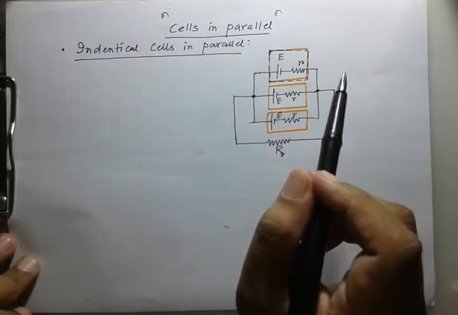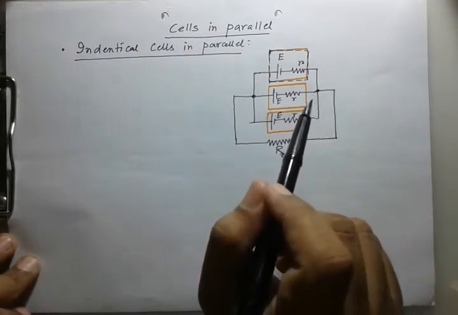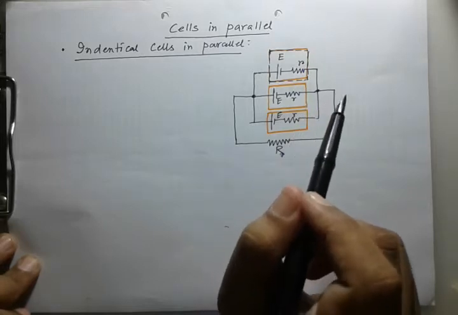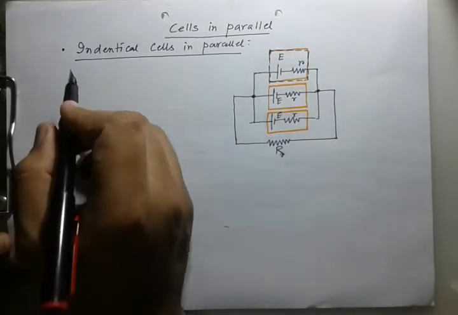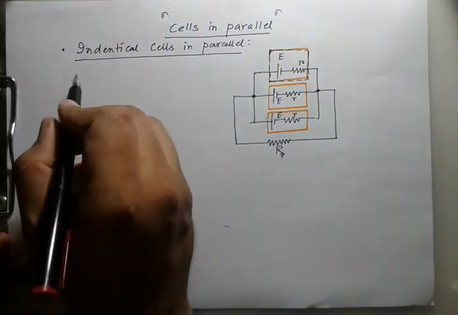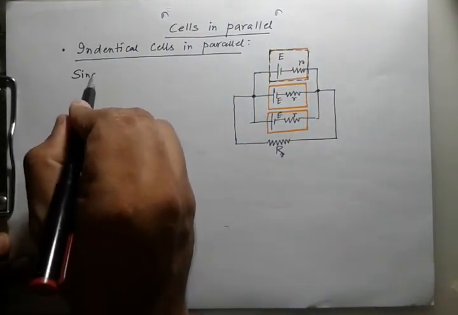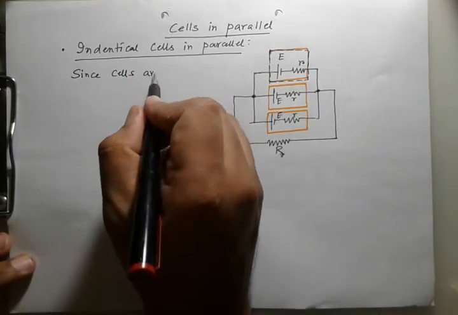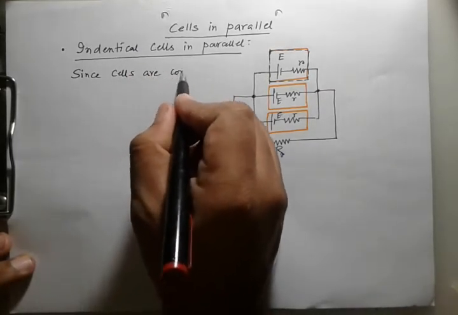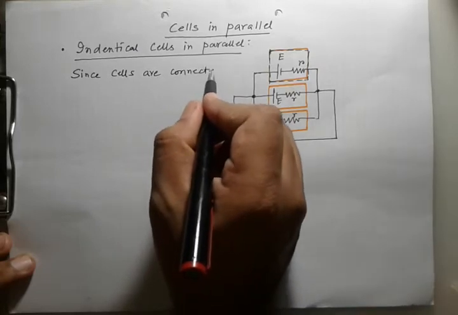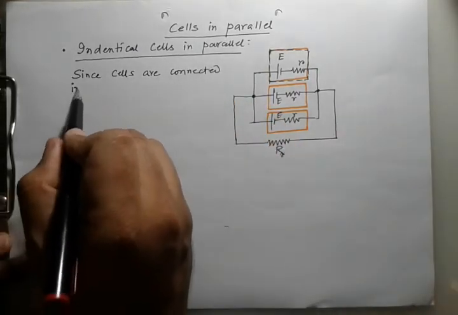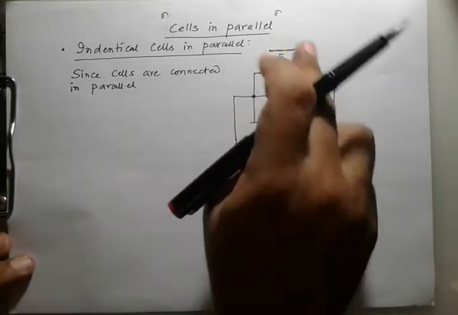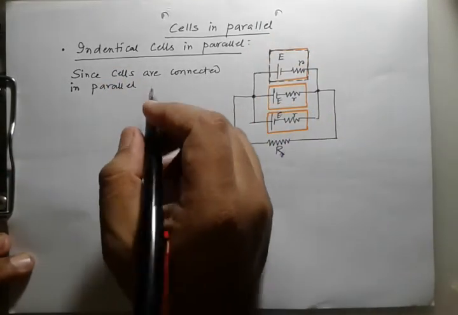Since the cells are connected in parallel, the total EMF of all cells will be equal to the EMF of a single cell. So you can write down here: since cells are connected in parallel, in case of parallel, the EMFs will all be the same.